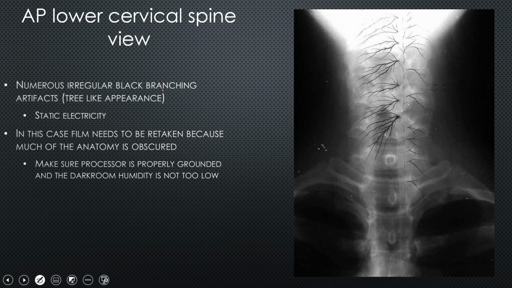Obviously, the film needs to be retaken because the static electricity is covering the majority of the spine. Make sure that the processor is properly grounded, darkroom humidity is not too low, and if you do happen to touch the screen, make sure you're not dragging your feet if you have carpet or anything like that.